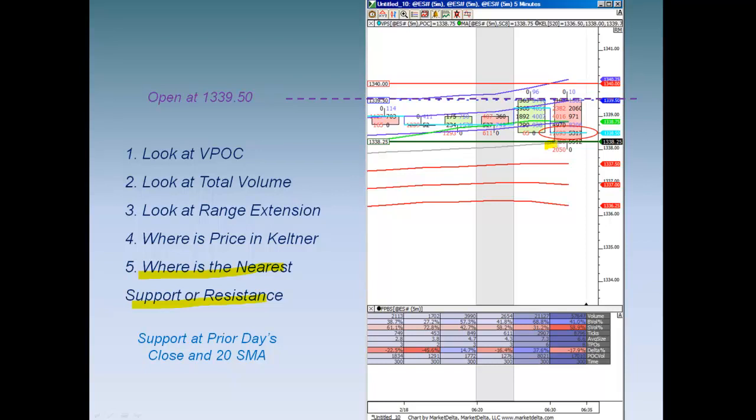Well, we are right at a support level. So this would often make me pause if I wanted to take a short. But the preponderance of the evidence and the pressure to the downside would actually encourage me to take a short, even though I do see that I have support at the prior day's close and the 20 simple moving average.